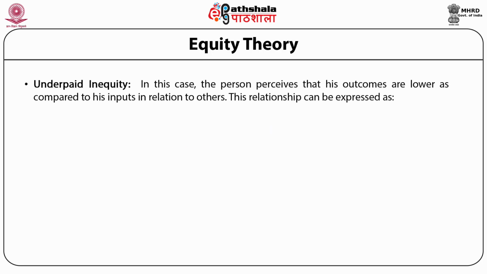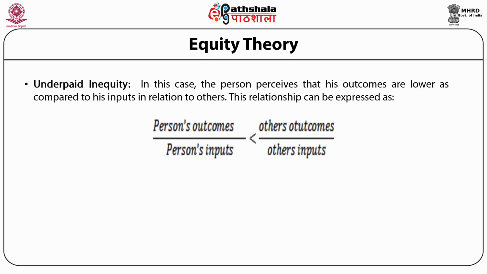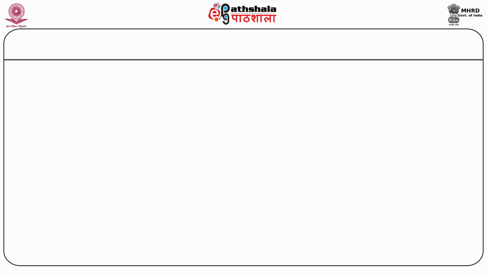Underpaid inequity. In this case, the person perceives that his outcomes are lower as compared to his inputs in relation to others. This relationship can be expressed as the ratio of person's outcome to person's input is less than the ratio of other person's outcome to other person's input. In such a relationship, the person experiences dissonance.